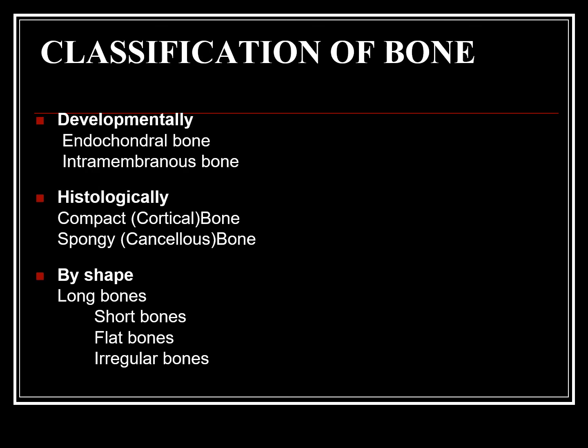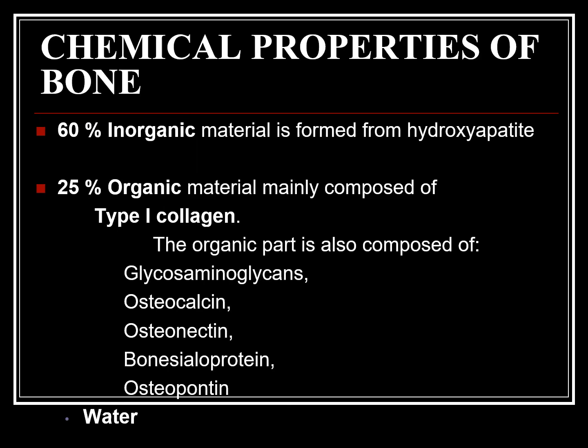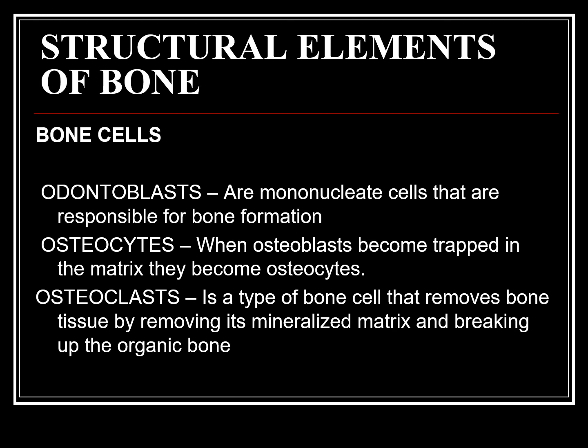Now, how do we classify bones? Developmentally, it is endochondral bone and intramembranous bone; histologically, compact or cortical bone and spongy or cancellous bone; by shape, long bones or short bones. These are the chemical properties of the bone: 60% inorganic material is formed by hydroxyapatite, while the organic component is mostly type 1 collagen fibers.